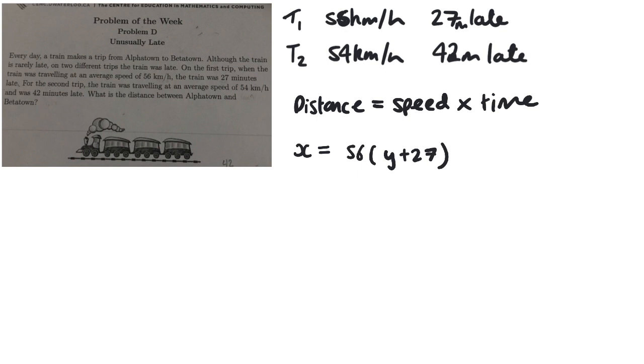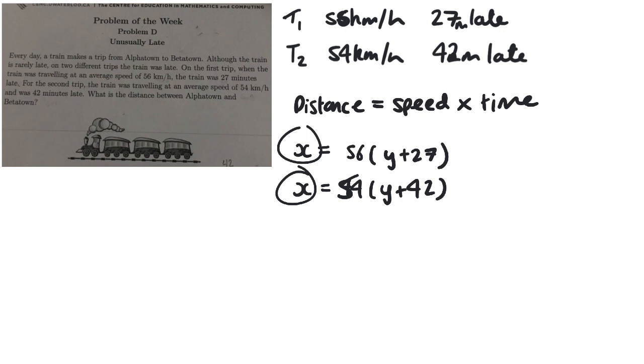And then you can do the exact same thing for the second one, so have a go writing it yourself. It is x equals 54 times y plus 42.